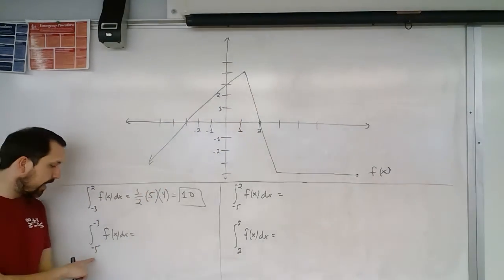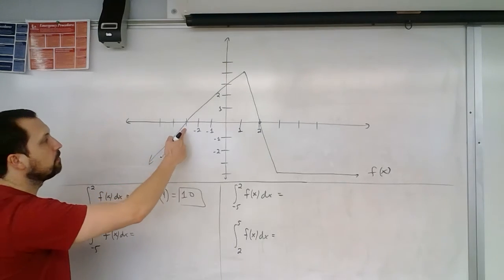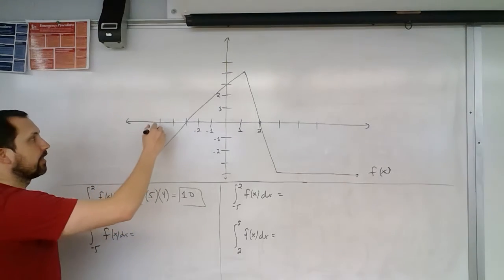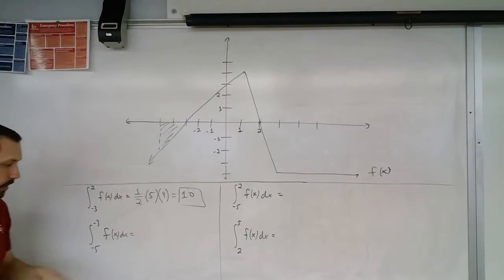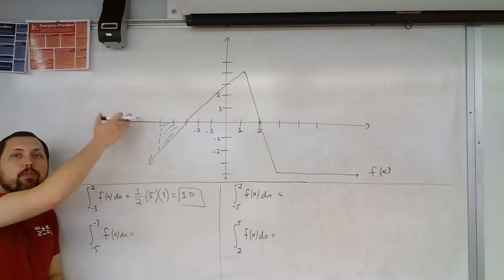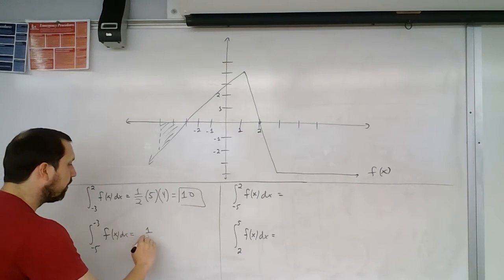Now if we take a look at -5 to 3 of f of x dx, if we're looking at this interval from -5 to -3, now we're below the x-axis, so we're really looking at this region. Again, we're using the area formulas of shapes that we know. This is a triangle, so again, this is going to be 1/2.